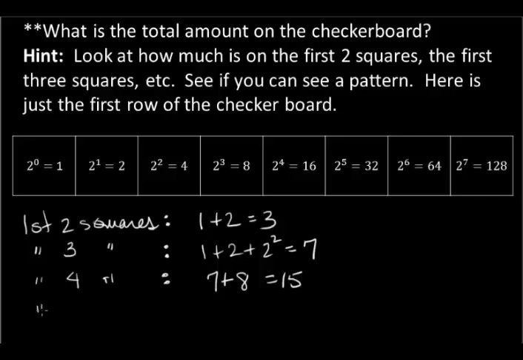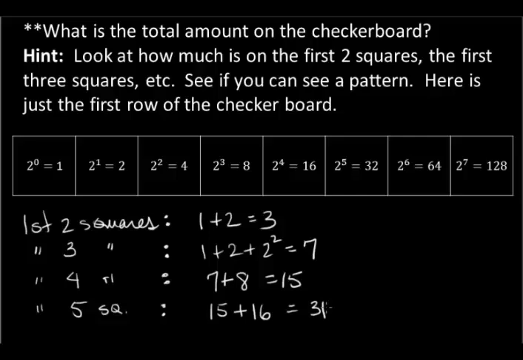How about the first 5 squares? Well, we're going to take what was on the first 4 squares, 15, and add how much is on the 5th square. Well, that's 2 to the 4th, 16, and we get 31. Now, if you have that page next to you that had the powers of 2 on it, you might notice something here.